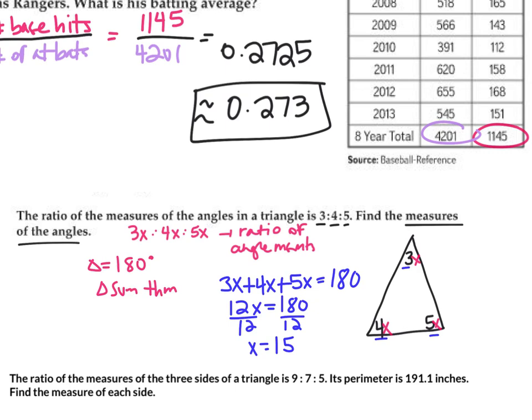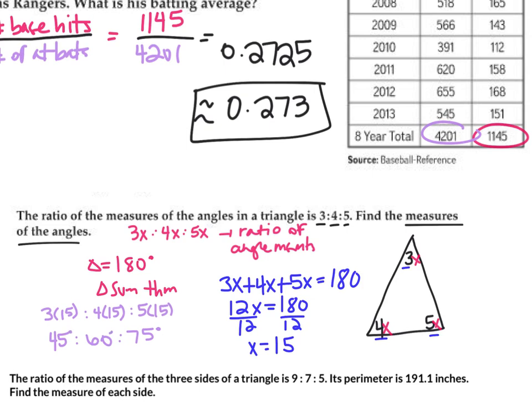Okay, now the measurement of the angle itself is not 15, that's just the x. So we need to plug this x back in. So 3 times 15, 4 times 15, and 5 times 15. Okay, so when we solve the measurements themselves, we'll get 45, 60, and 75 degrees.